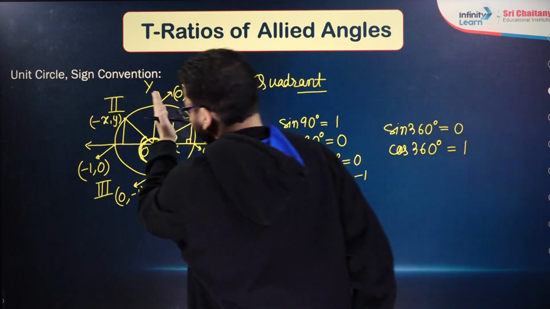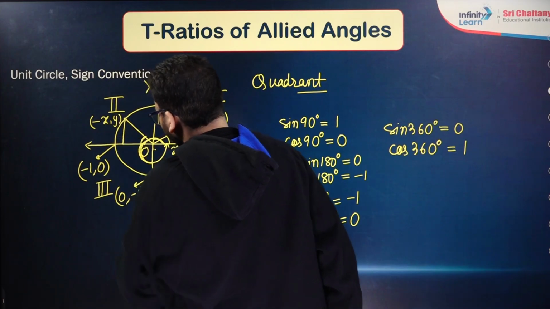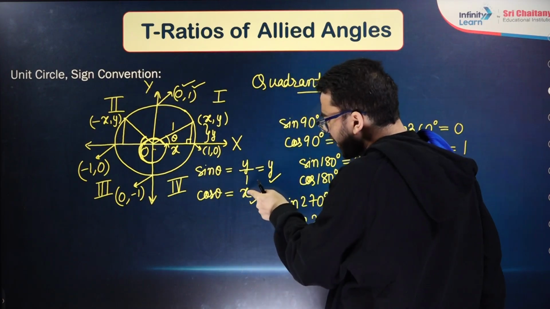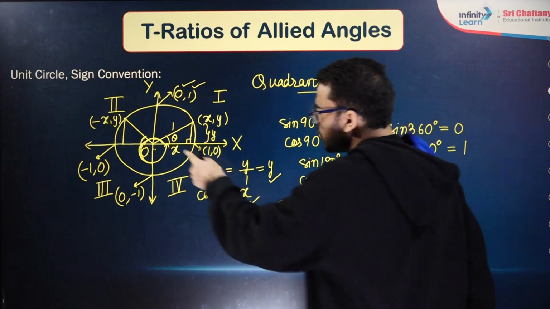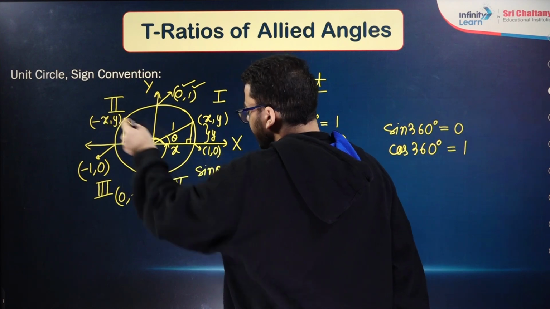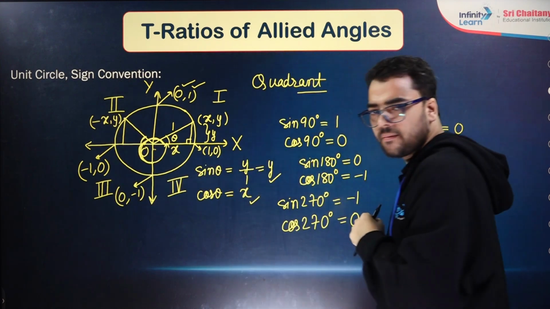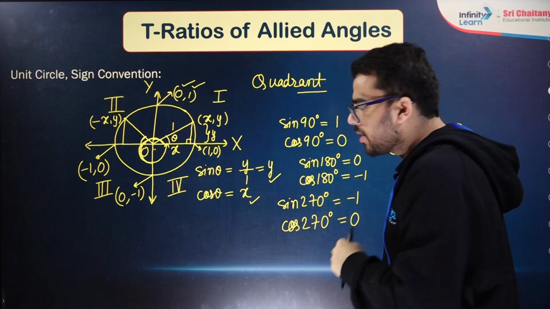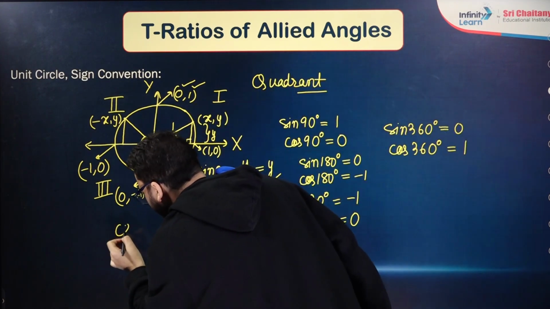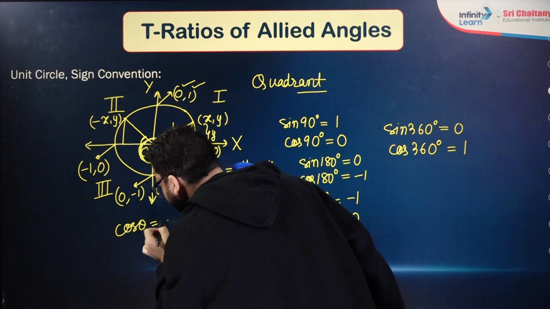But when the angle is in the second quadrant, you see cos over here is the x coordinate. So over here, x coordinate is negative. So when the angle is in the second quadrant, cos will be negative. You understand that? Because in the second quadrant, cos theta will be what? Minus x.